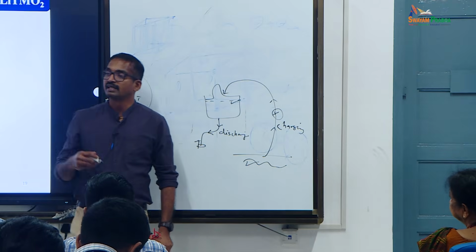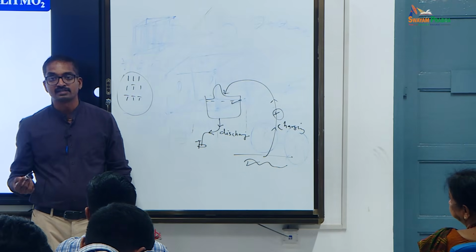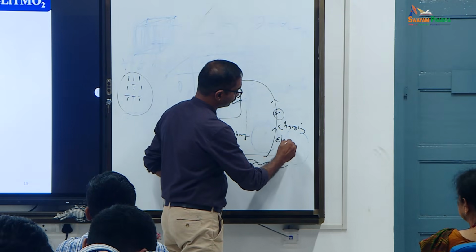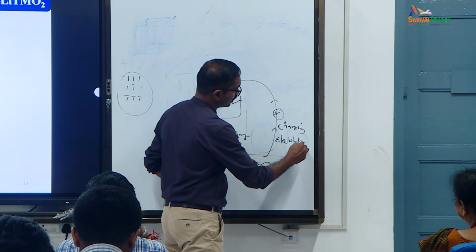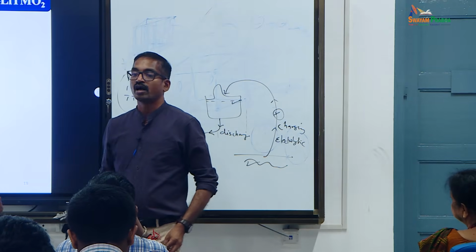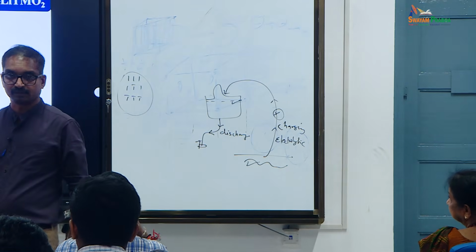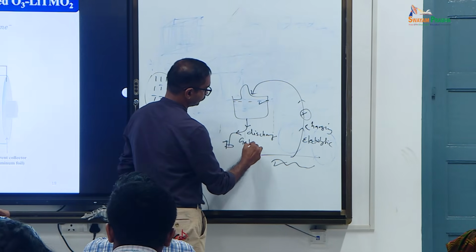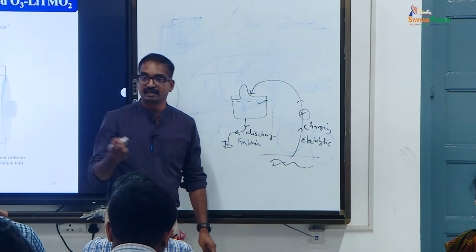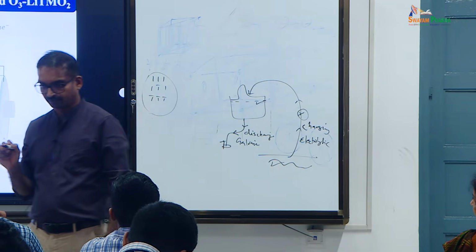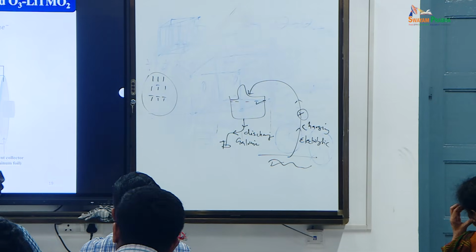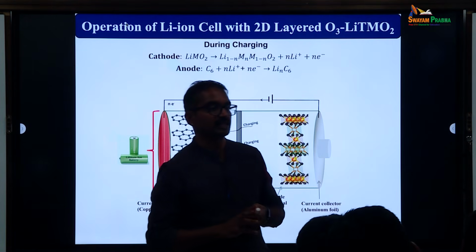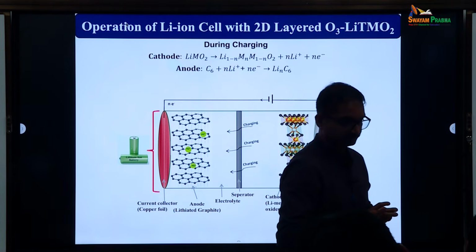If you wanted to tell it in the terms of an electrochemist, this process is called electrolytic. In electrolytic, you have to use electrical energy to do the work. And this process is called galvanic. Here you will get the electrical energy from the chemical energy stored. Okay. So we can call it charging, discharging, or you can call that process electrolytic, galvanic.